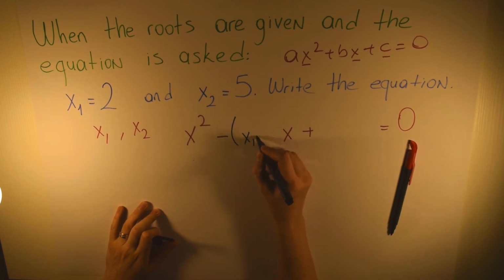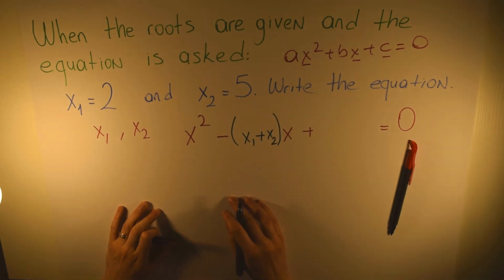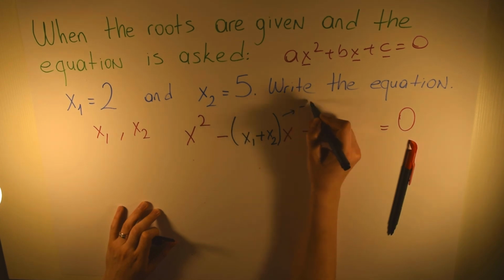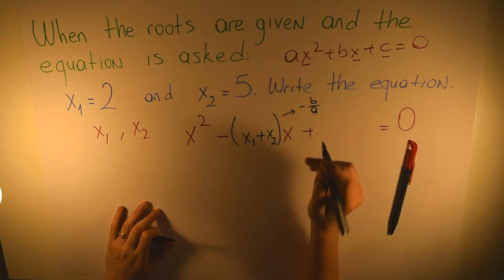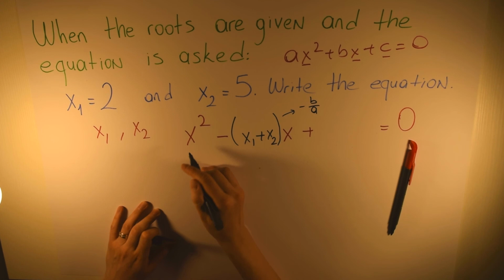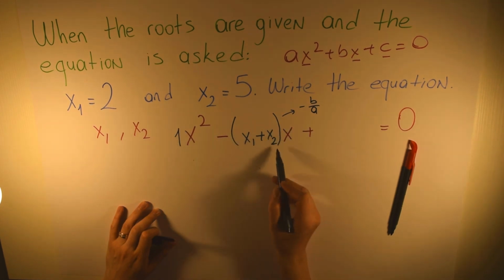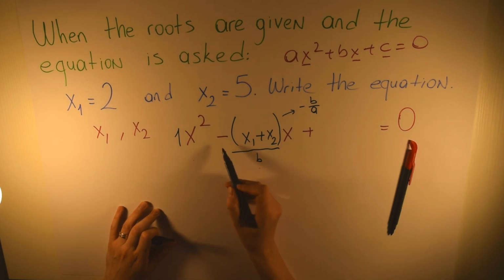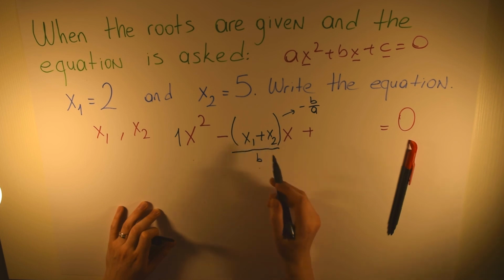It's x1 plus x2. Why? Because what was the formula for this? It was minus b over a, right? So here our a is 1. So here this is our b, right? So this is minus b over a. That's why we write here minus and here the value of the sum of our roots.